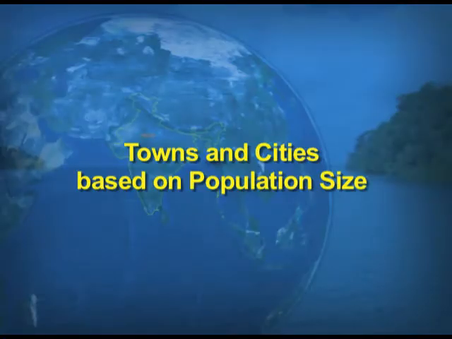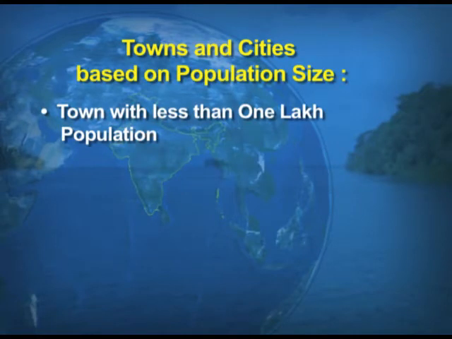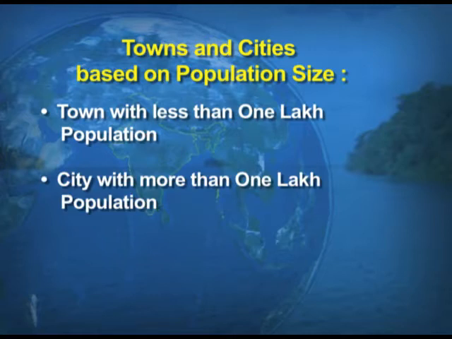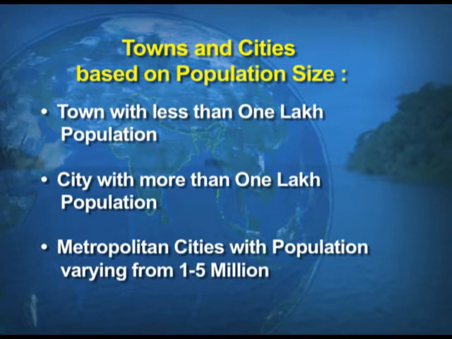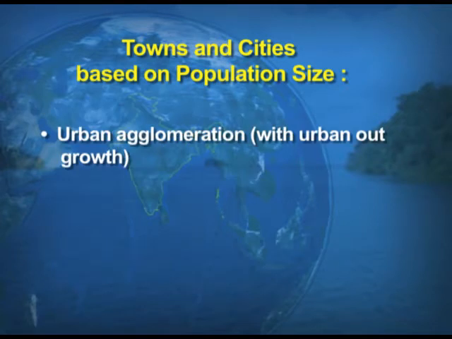Towns and cities based on population size: towns with less than 1 lakh population, city with more than 1 lakh population, and the metropolitan city, as we have already discussed, the population varies between 1 to 5 million, and the urban agglomeration. That means agglomeration, where we have the urban outgrowth of the city.